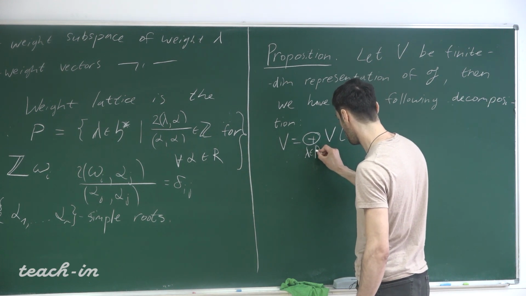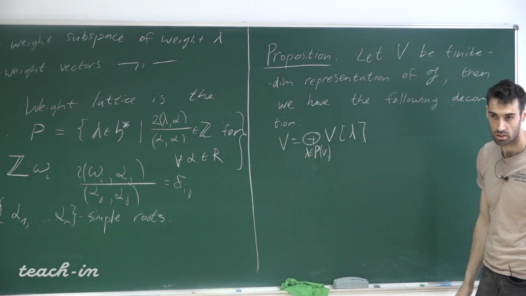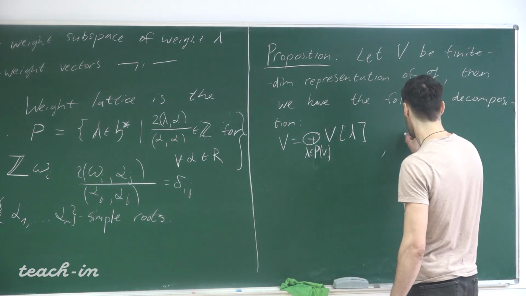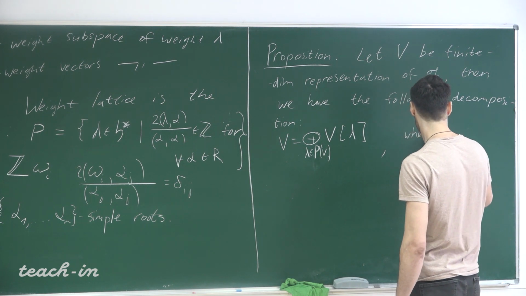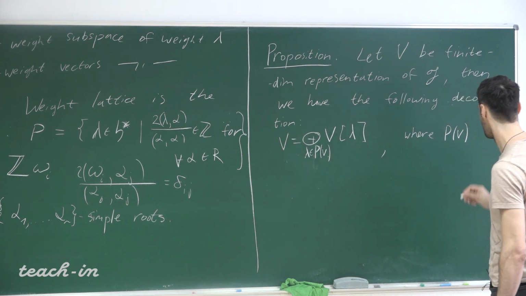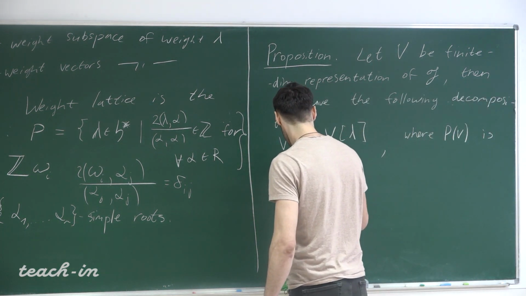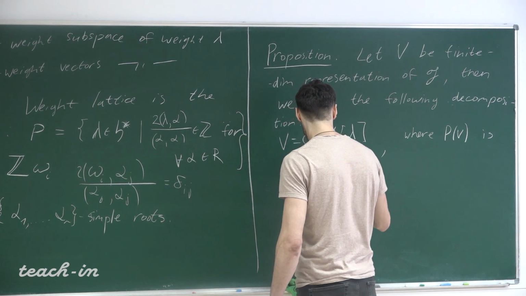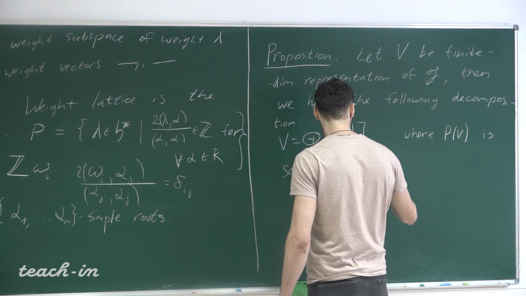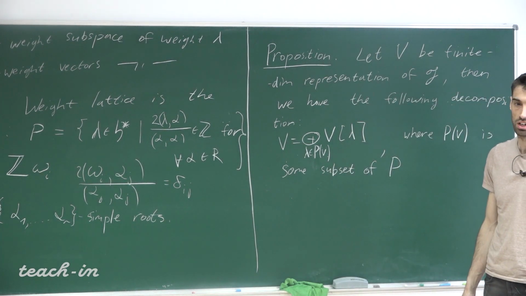So this is some set P of V, where P of V is some subset of P. So I claim two things here.